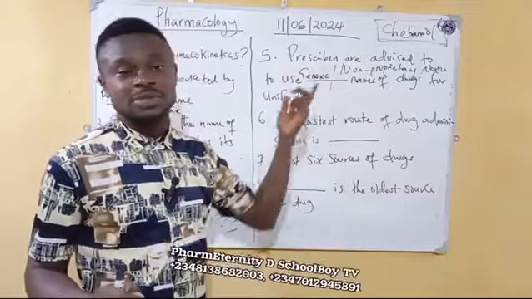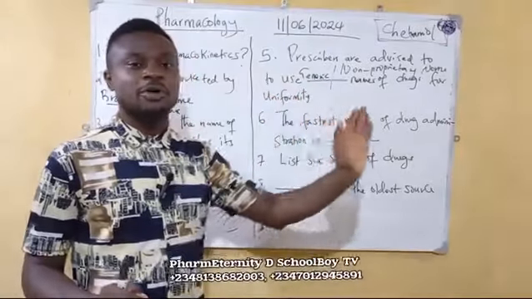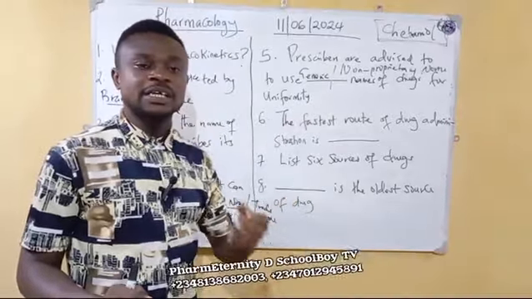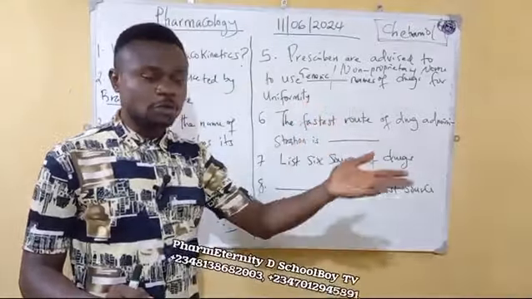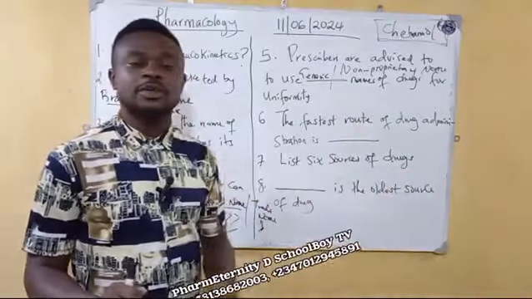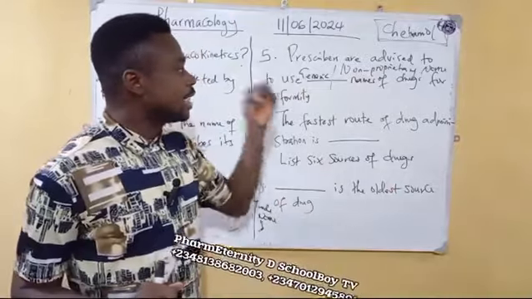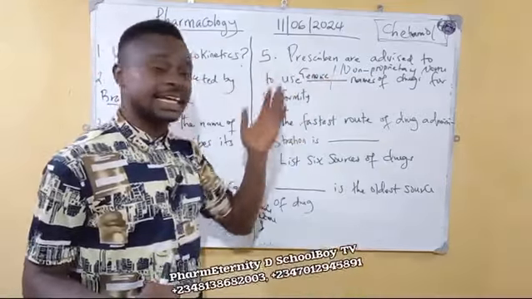But if the doctor just prescribed paracetamol tablet, at least I know the pharmacies there will know exactly, look at the paracetamol brands they have, and dispense it to me. So that's why it's always good to use what? The generic name.